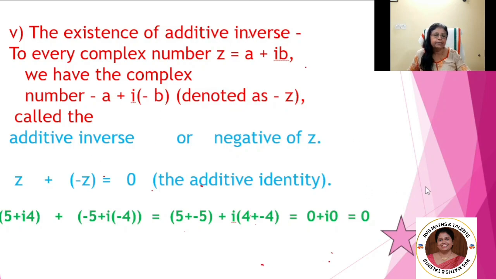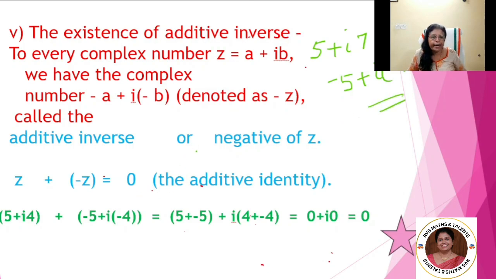That is the additive inverse. For example, for 5 plus i7, the additive inverse is negative 5 plus i negative 7.